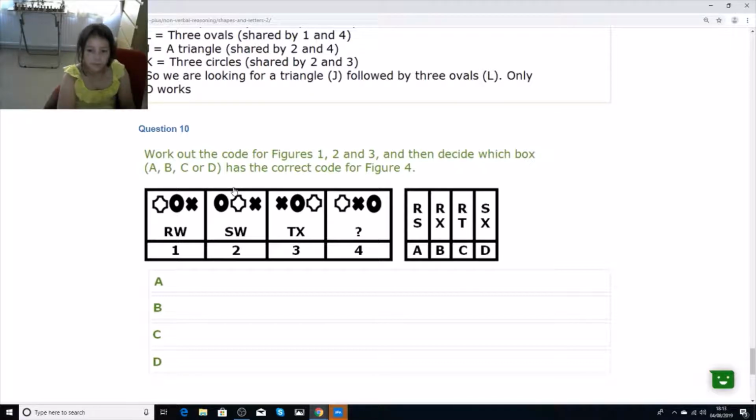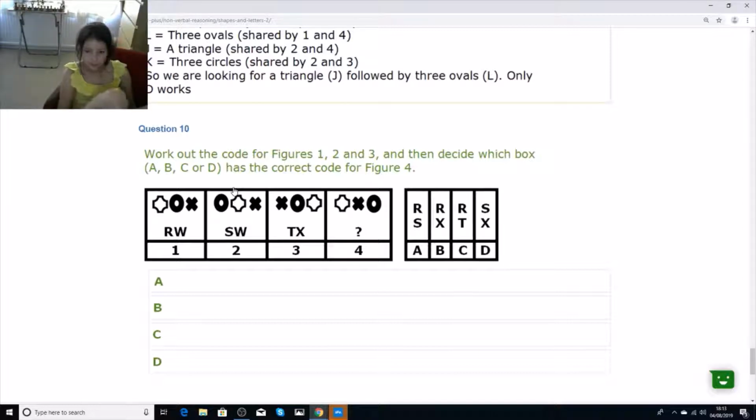So W is shared in both, in 1 and 2. It's probably because the cross is the last shape.